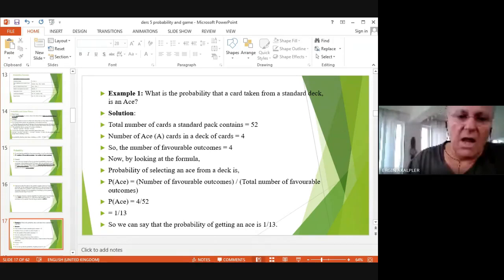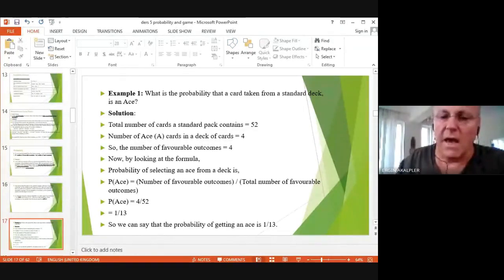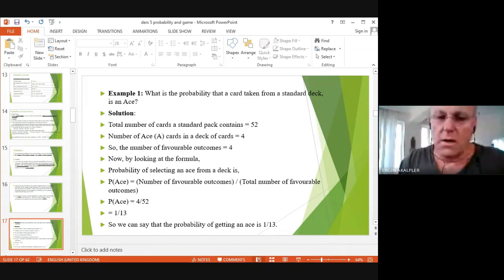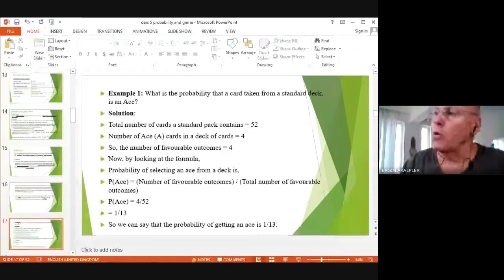The total number of cards is 52, isn't it? And when you are expecting to get an ace out of these 52, it is 4, because we have 4 aces in every set of cards. Since 4 cards are aces, the rest of the cards are not going to be aces, and the number of favorable outcomes is 4.